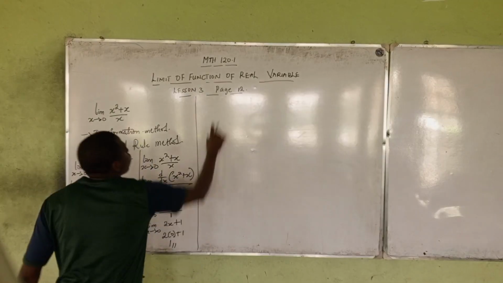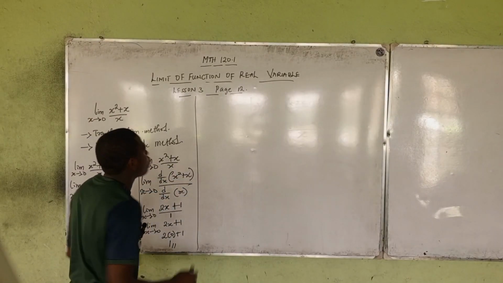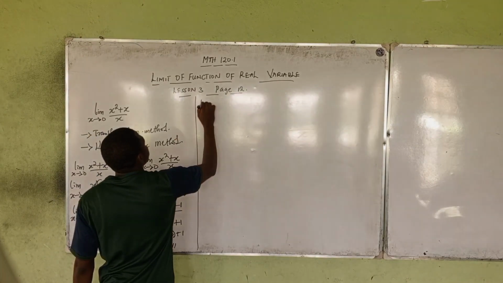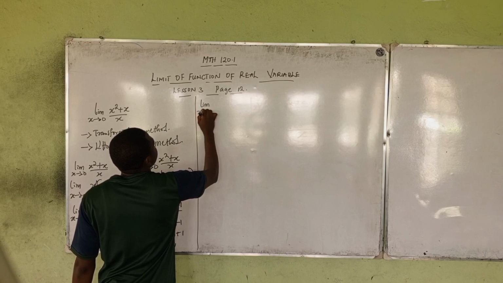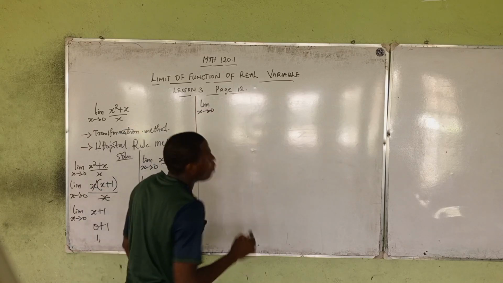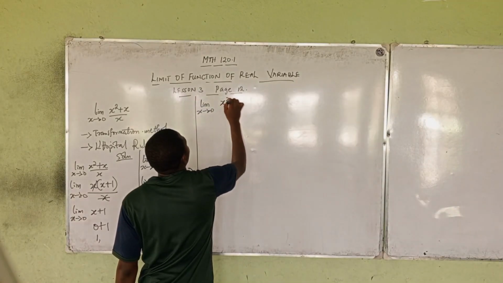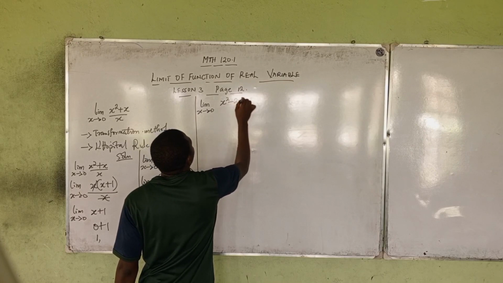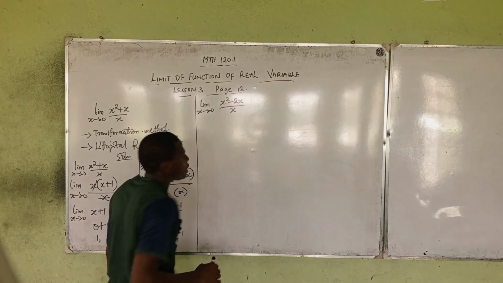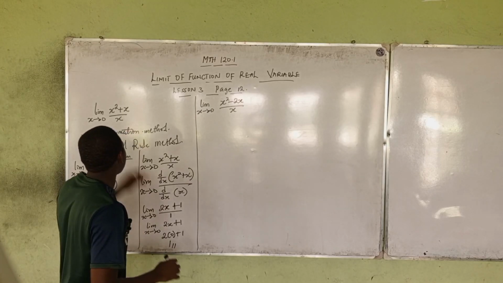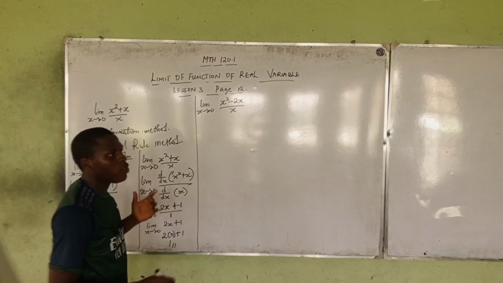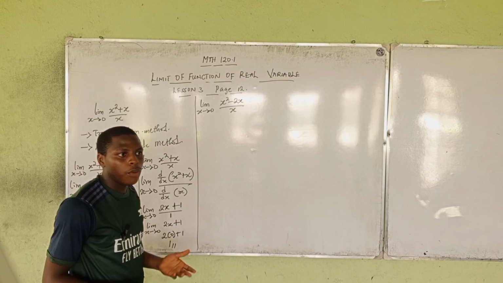Look at page 12 of your manual. What's the next one? The next one says: the limit of the function as x tends to 0 of x squared minus 2x divided by x. How do you tackle this? Let's use the transformation method to solve this before we use the L'Hospital rule method.